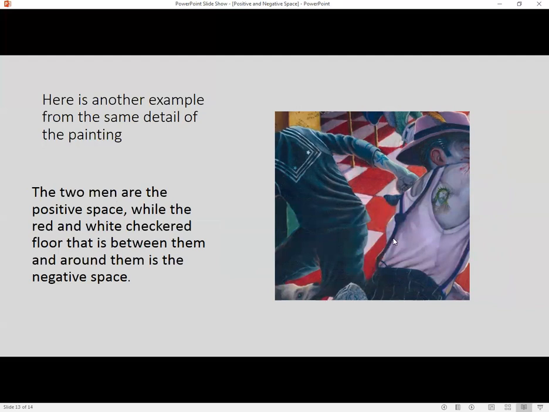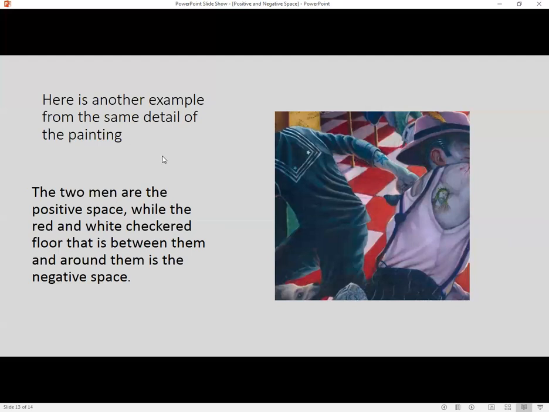And then this red and white checkered floor that is between those two men, and this little area of red and white checkered that also surrounds them, and this area between his legs and this area between his torso, that's the negative space. So as you see, we talked about two adjacent figures as positive space and the area between them and that surrounds them is negative space.